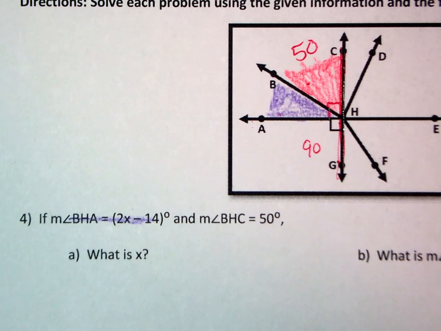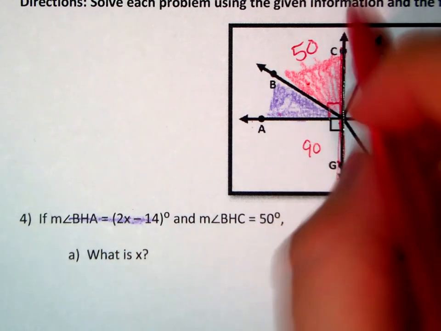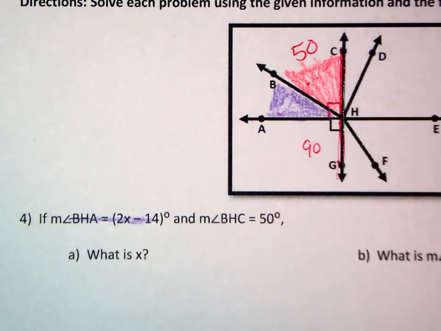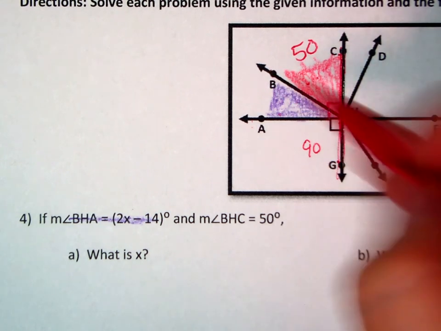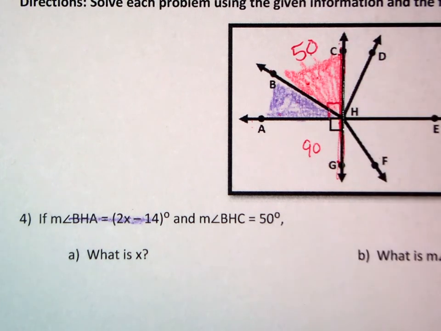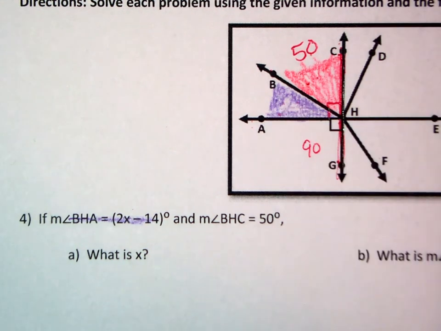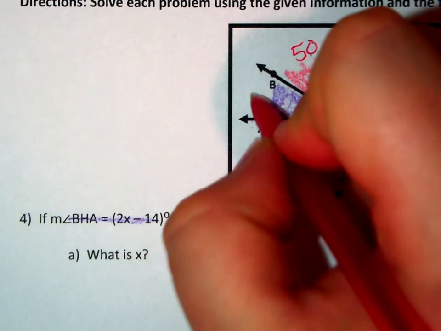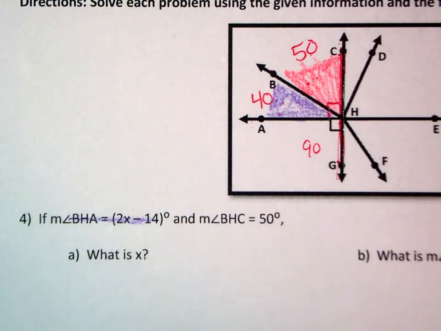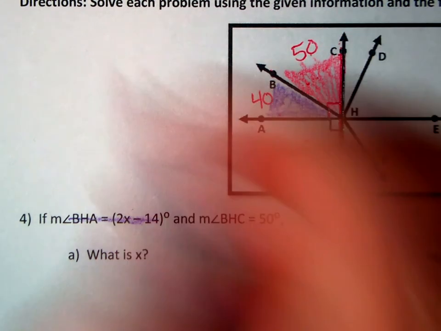Now that gives me a lot of information because I know that since this is a 90 degree angle, 90 degrees minus the 50 from angle BHC will give me the remaining number of degrees for angle BHA. And so that will be 40 degrees.